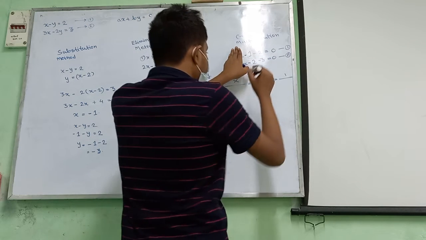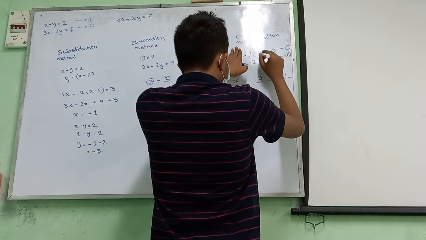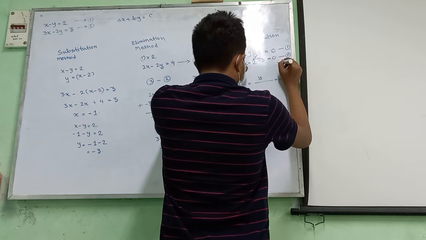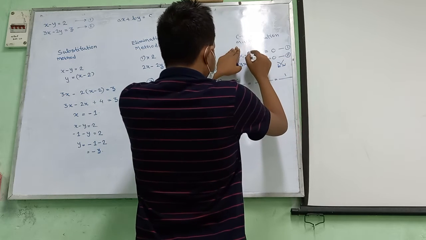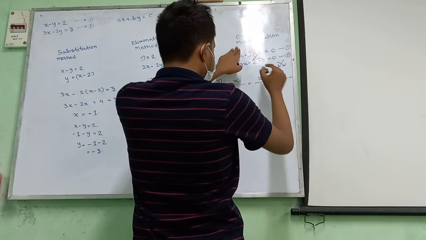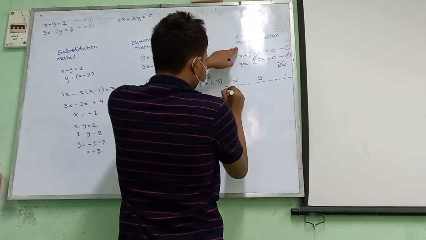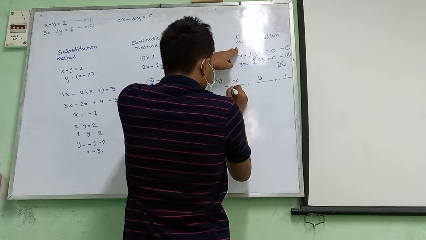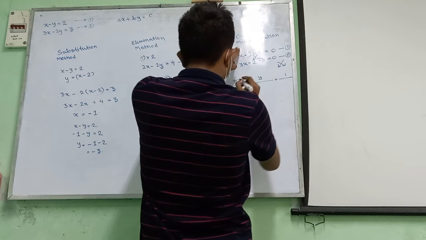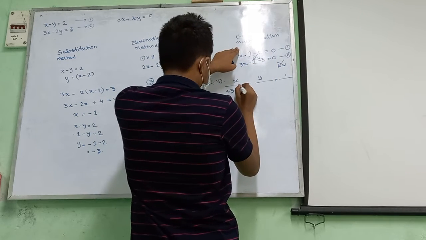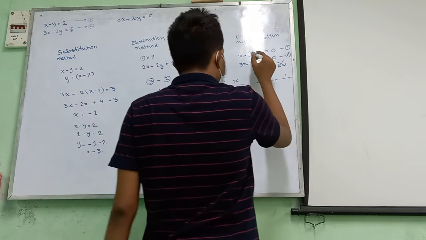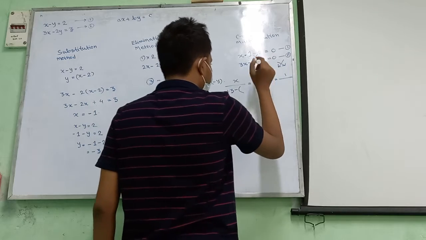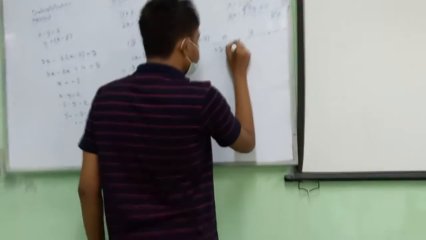So we have to multiply in cross fashion. First we multiply in this direction, which is minus 1 and minus 3. What will be? Plus 3, and we have to add another minus, right? Then we add this one, minus 2 and minus 2, which will be plus 4.